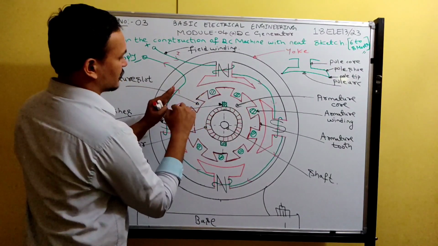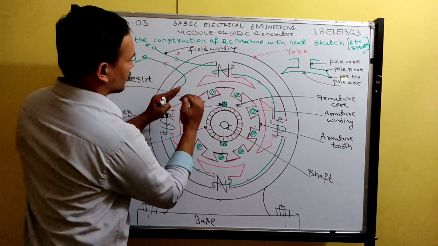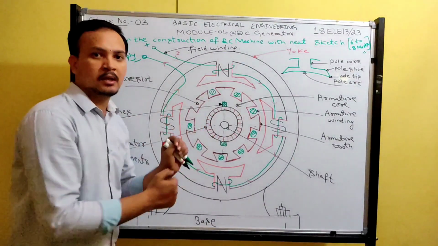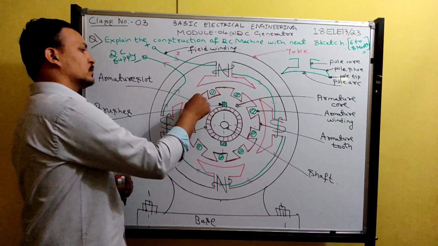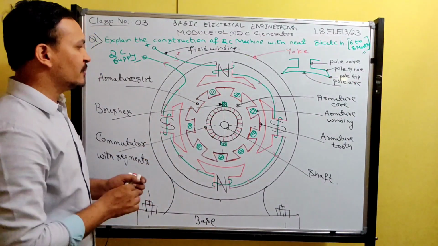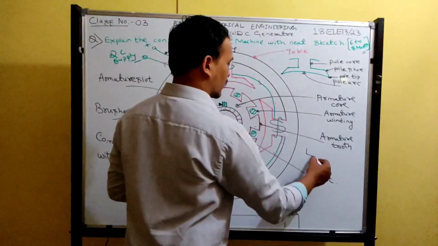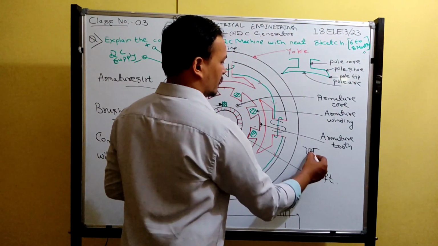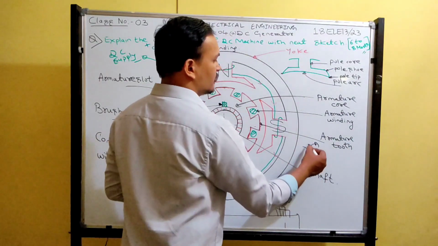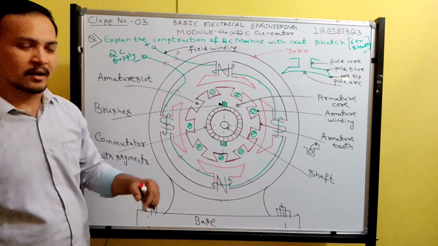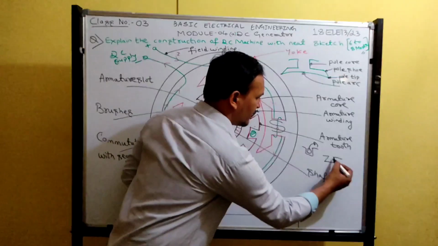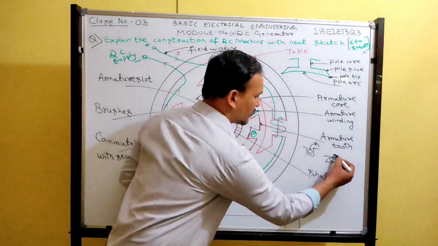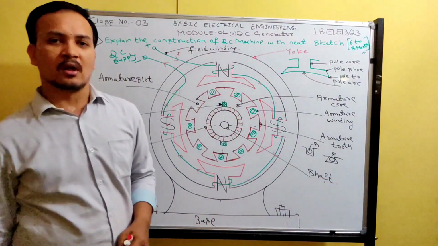When rotating, the conductor will not come away from the slot. If I made a parallel slot like this, when rotating, the conductor may come out of the slot. That's why they make it like this.